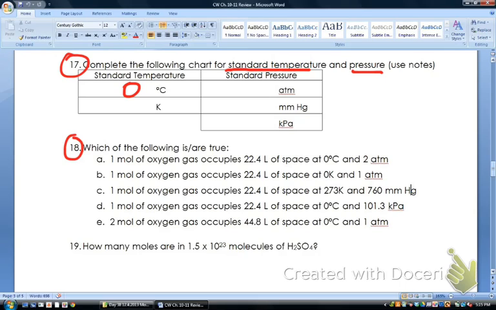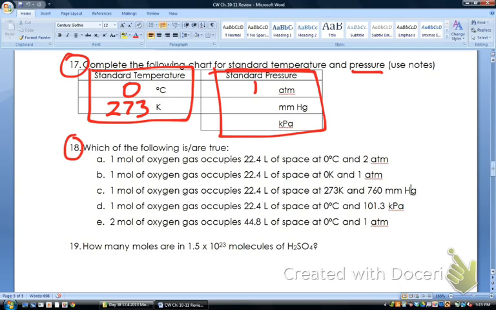We have 0 degrees Celsius, we have 273 Kelvin, we have 1 atmosphere of pressure. So before I do that though, remember these right here are the standard temperatures. Now the standard pressures, we have 1 atmosphere, we have 760 millimeters of mercury, and we have 101.3 kilopascals or kPa.